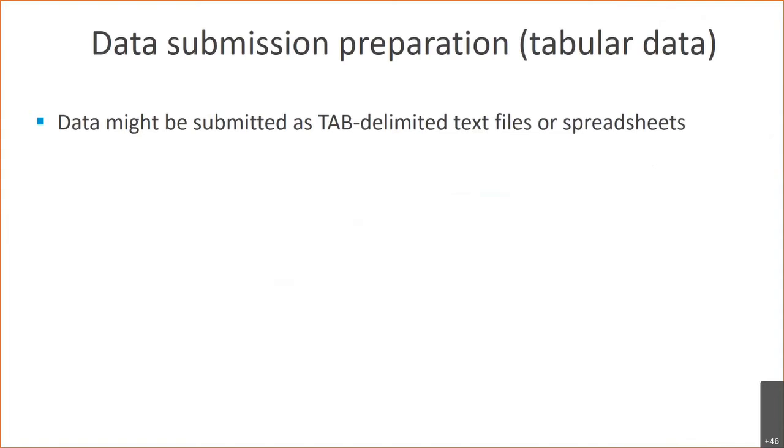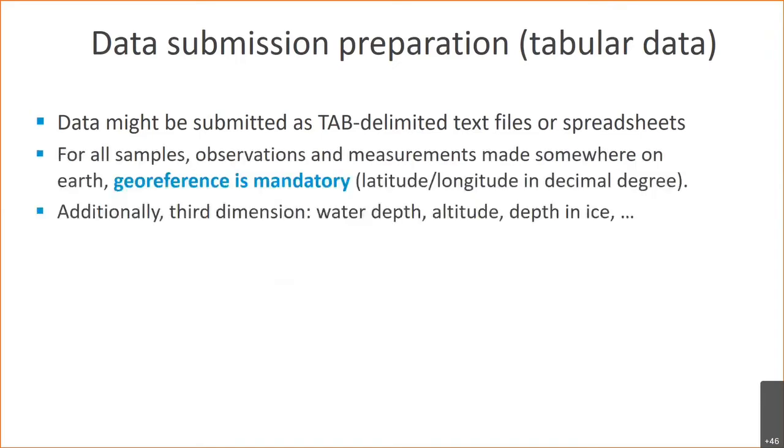So I will talk about two different types of data. The typical case of data publication with us is a text table, a tabular delimited text file, or basically a spreadsheet that we directly import into our relational database. And so these data can be submitted as such, as a tabular delimited text file, or, for example, an Excel spreadsheet. I mentioned that for most of the data acquired during MOSAIC, georeference should be available.